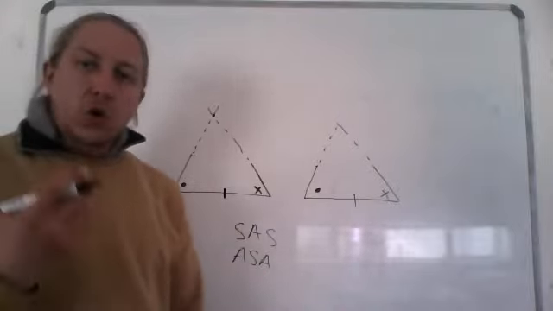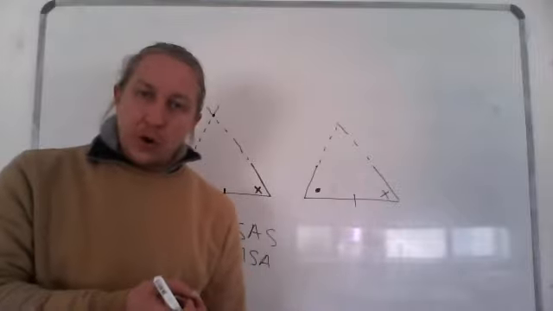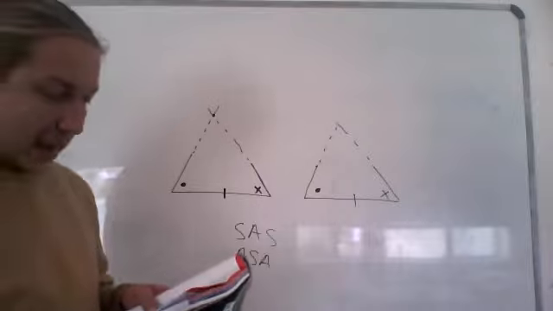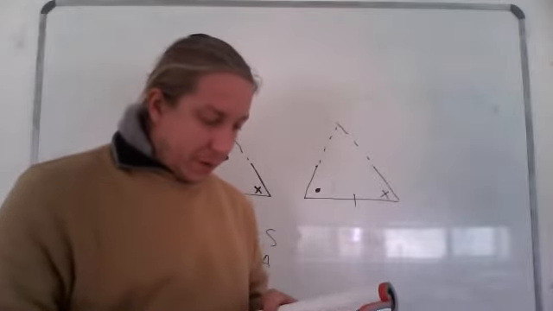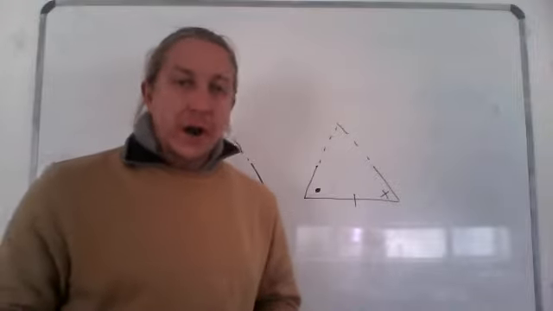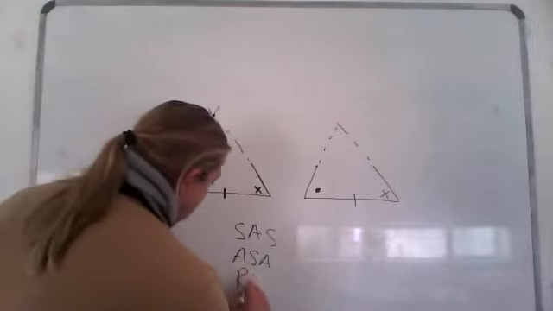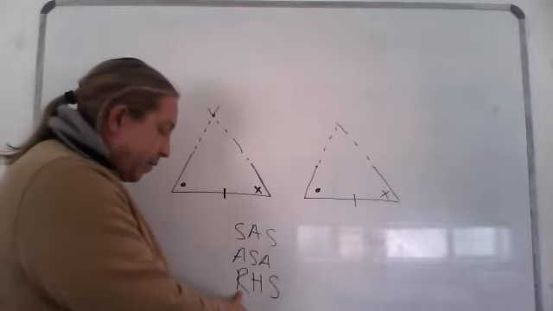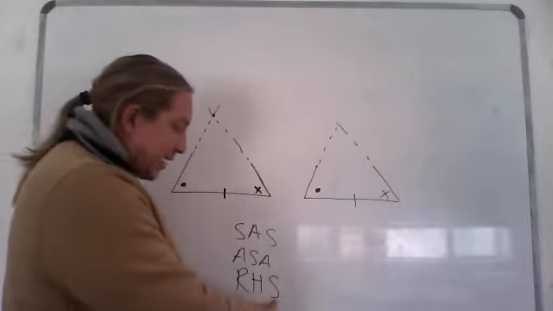So it's always an included side or an included angle to prove congruency. Okay, so that is our third case for congruency. And the fourth case for congruency is RHS. RHS stands for right angle, hypotenuse, and a side.